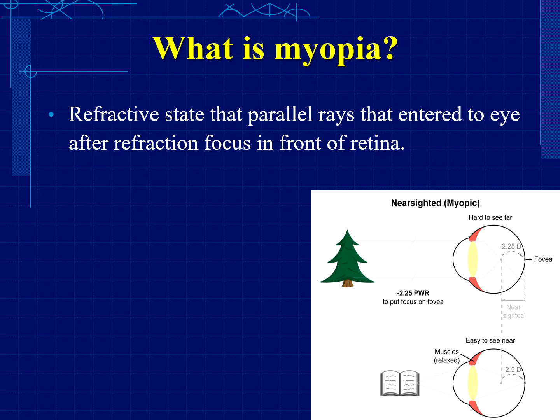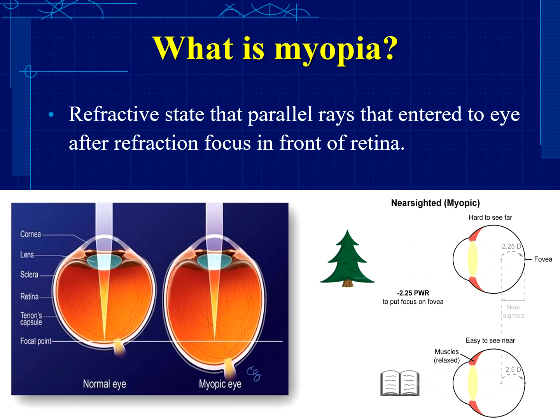It means that the patient cannot see the tree clearly. However, the books at near distance from the eye would be seen very clearly.